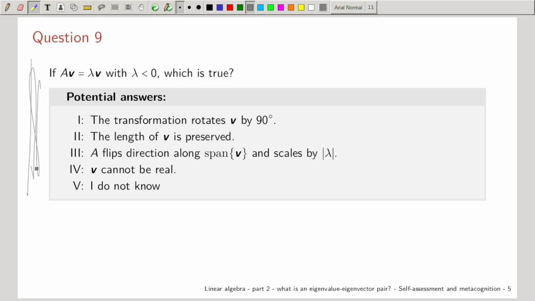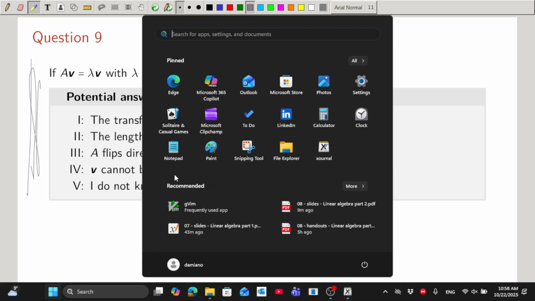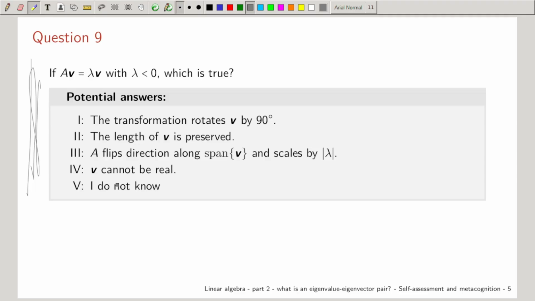Discuss if it is not immediately clear. People, what would you say? What would you say, people? I would like everybody to answer.